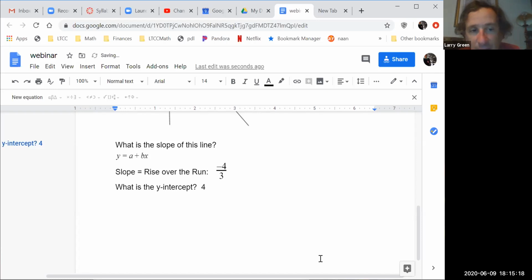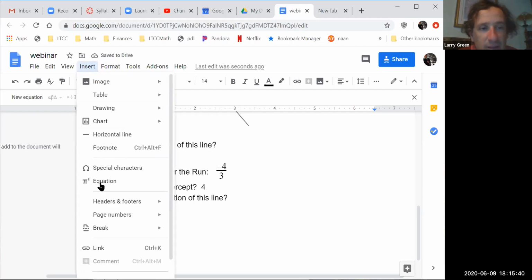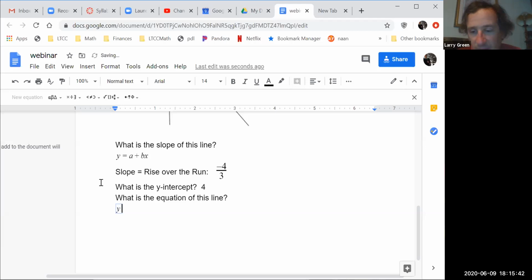So now we can put all this together and say, what is the equation of this line? The idea is I've already written down the general equation. Now we just have to put it together. You can say y equals, and what's it equal to?